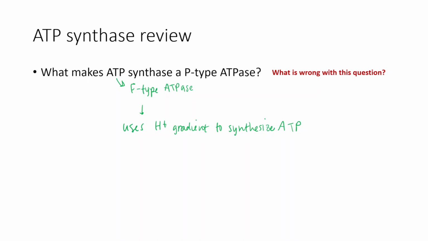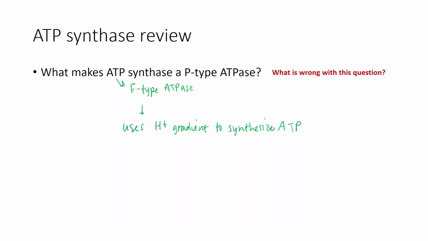In P-type, it's for positive ions, P for positive. This is a weird one. For F-type, it actually refers to the names of the subunits. There are two subunits in ATP synthase, F0 and F1. So it's an F-type and it has F subunits, which is kind of meaningless in itself, but there we go.